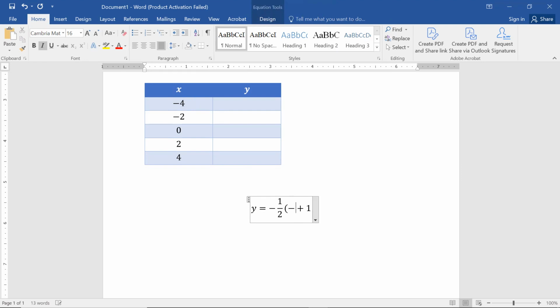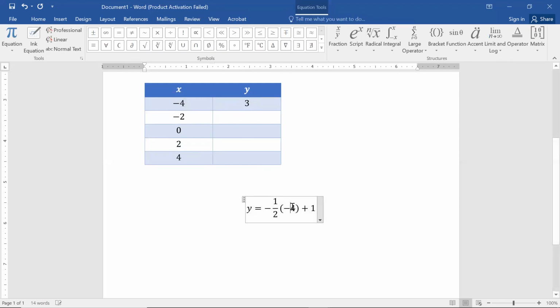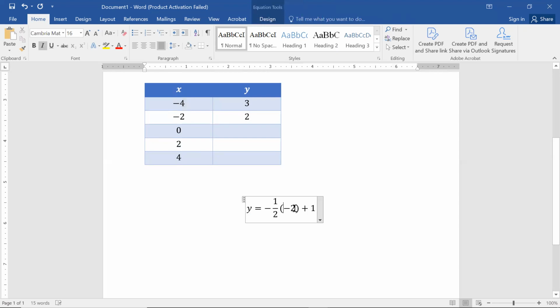When I plug in an x value of negative 4, negative 1/2 times negative 4 plus 1 becomes a 3. When I plug in a negative 2, negative 1/2 times negative 2 plus 1 becomes a positive 2. When I plug in 0 for x, my y becomes a positive 1.